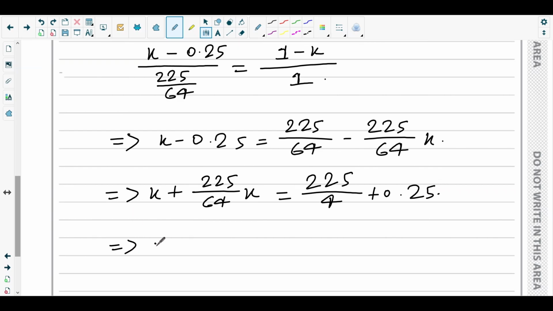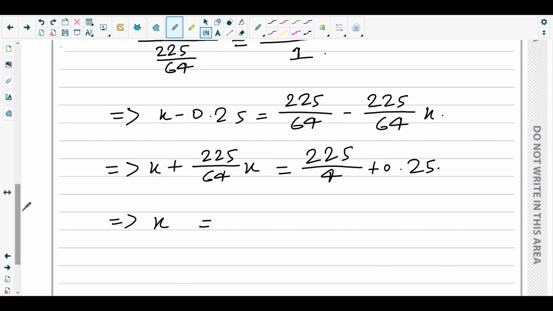Now make x the subject and get the value for alpha: 225 over 64 plus 0.25, divided by 1 plus 225 over 64. So you will get 241 over 289.